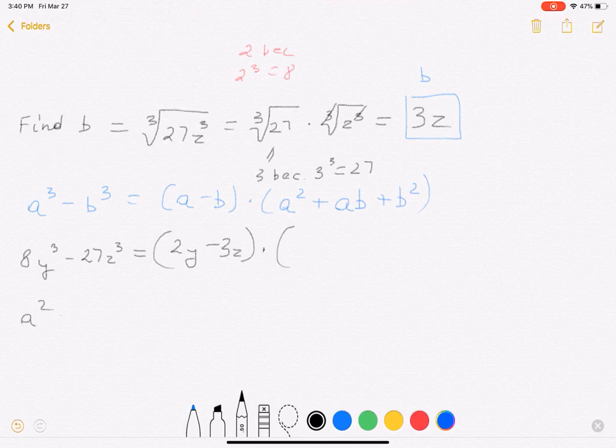So again a was 2y, you need to just bring that to a second power, which means 2 to the second power y to a second power, that will give you 4y square. So a square is just 4y square.